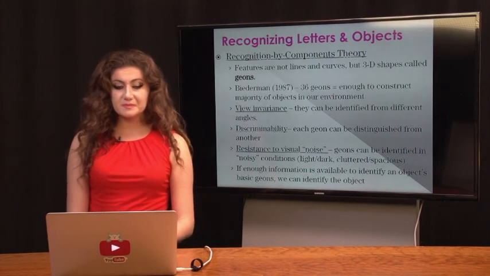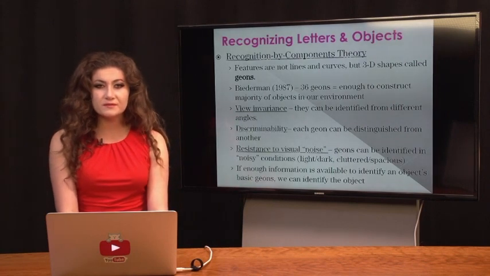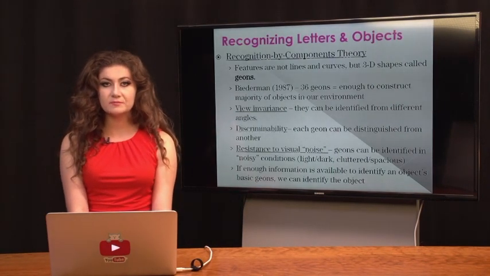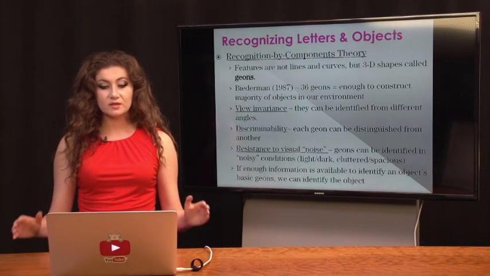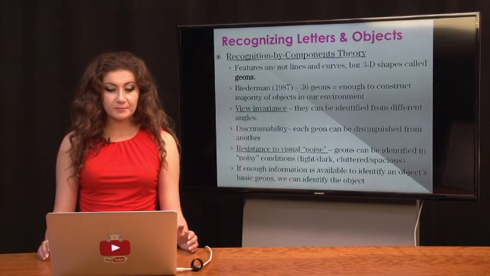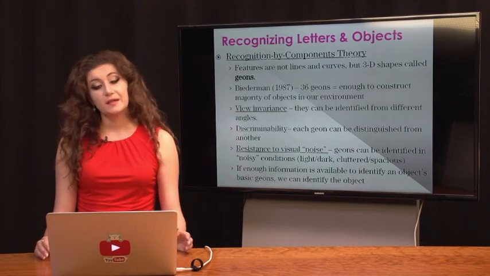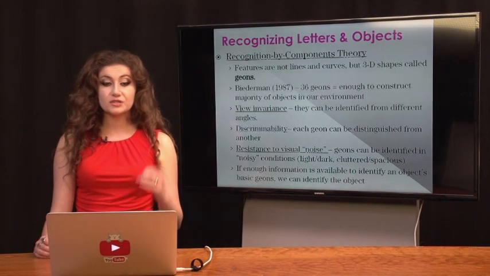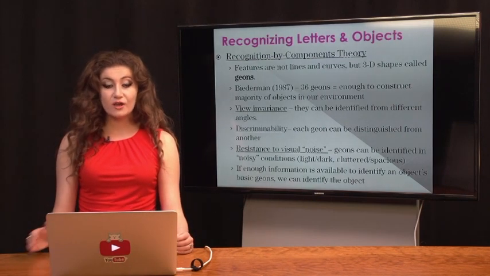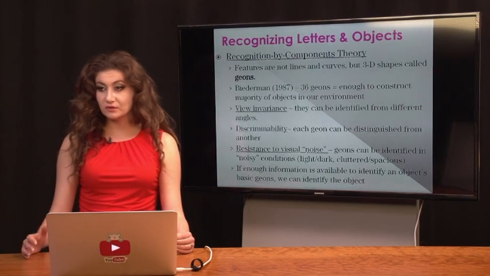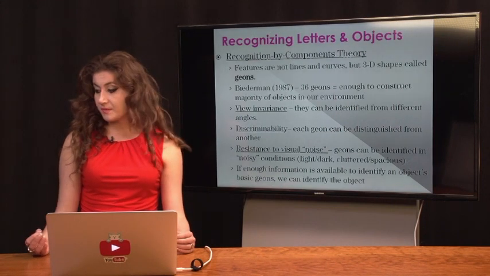He further goes on to explain that most of the things that we perceive in our world can be made up of 36 geons. These are enough to construct the majority of objects in our environment. Additionally, Biederman mentions that these geons have view invariance, which means they can be identified from a variety of different angles, and you could still understand what the object is.